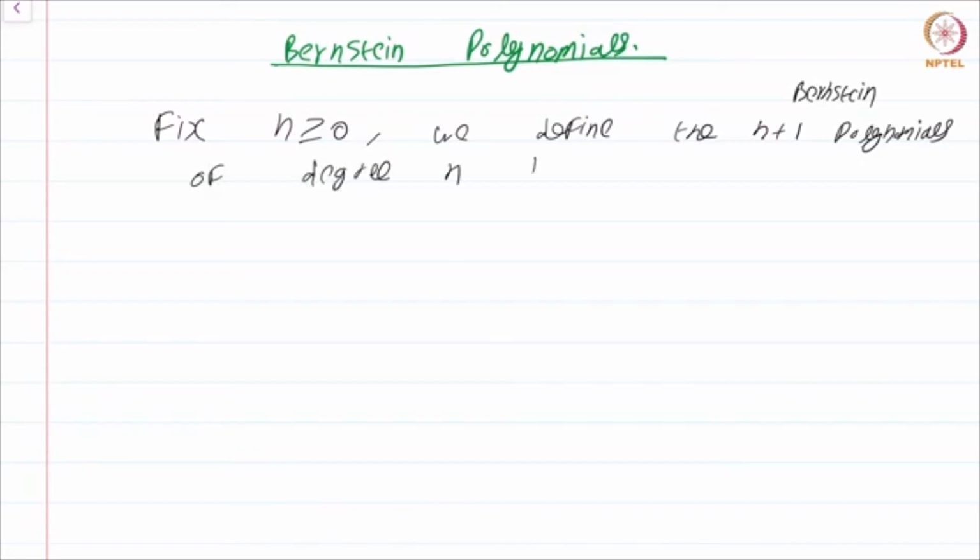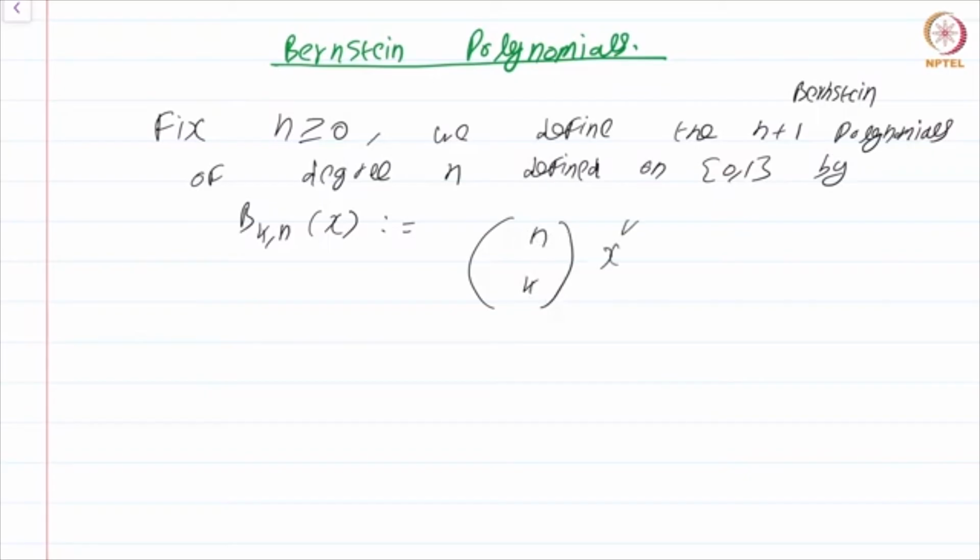Of course, polynomials are defined on the whole of R, but you will understand why I am saying defined on [0, 1] by b_k^n of x is by definition equal to n choose k times x power k into 1 minus x power n minus k, and this is for k equal to 0, 1, 2, ..., n. So given a fixed number n in the natural numbers, there are these n plus 1 polynomials.